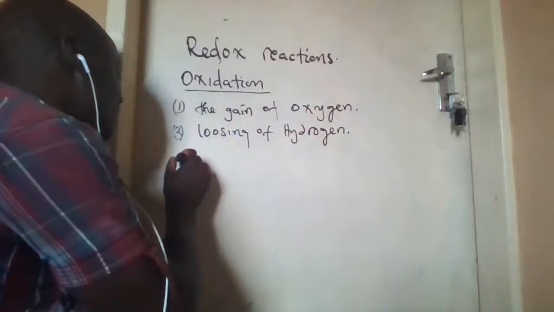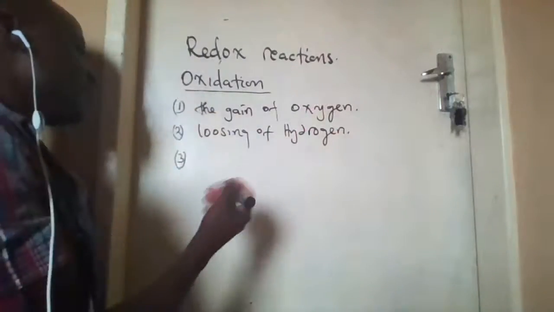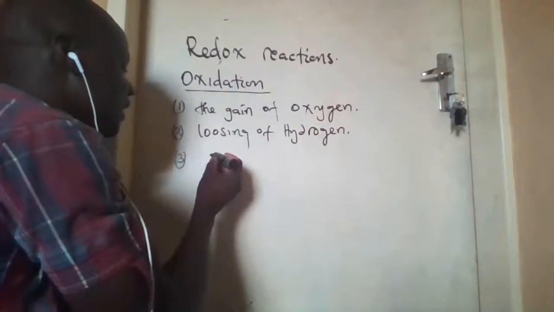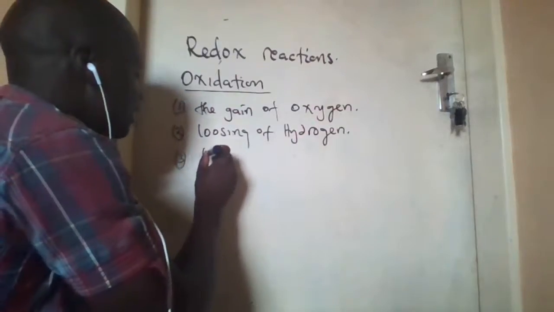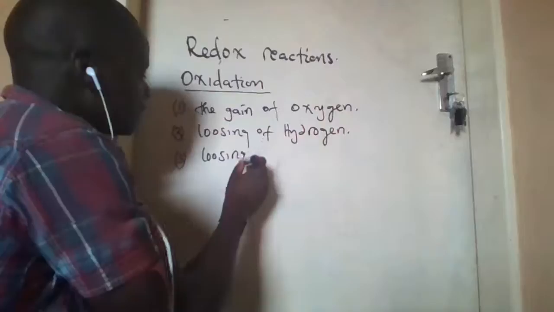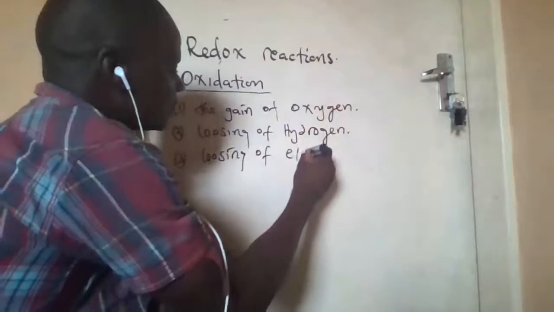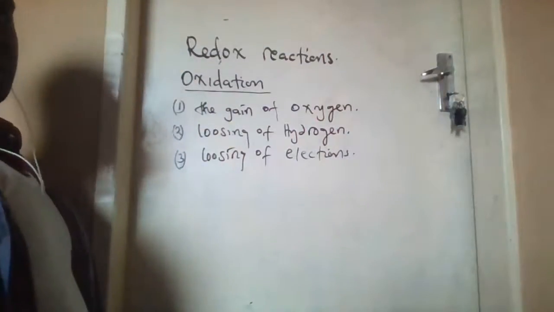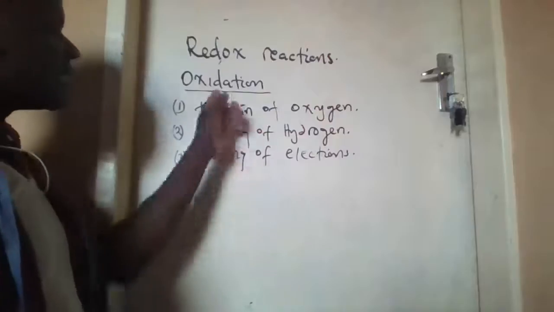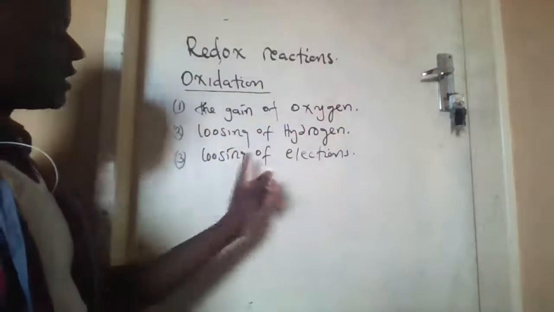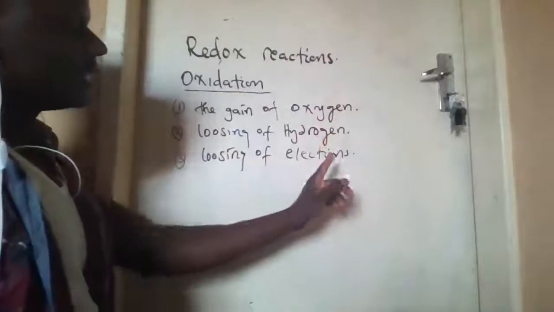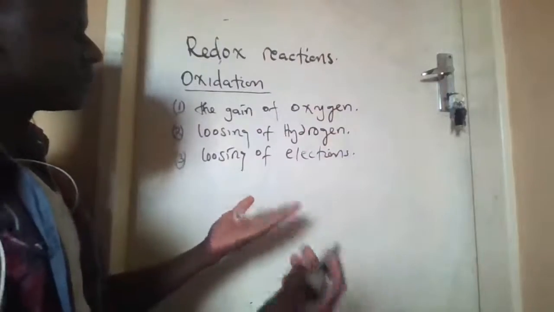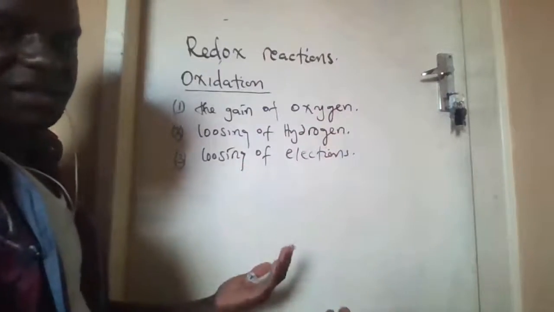Some books split them into four, but I'm going to combine two of them. The other one is that oxidation can be defined in terms of losing of electrons. But we understand very well that when an element loses an electron or electrons, that element possesses a positive charge.